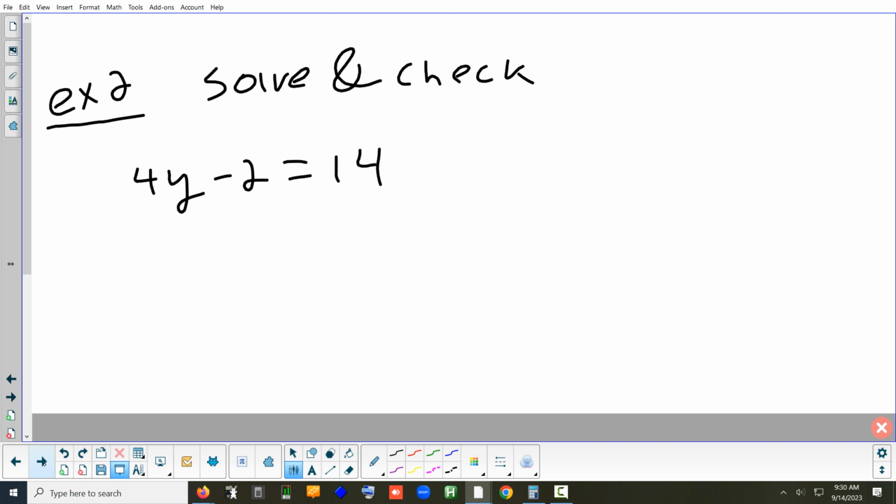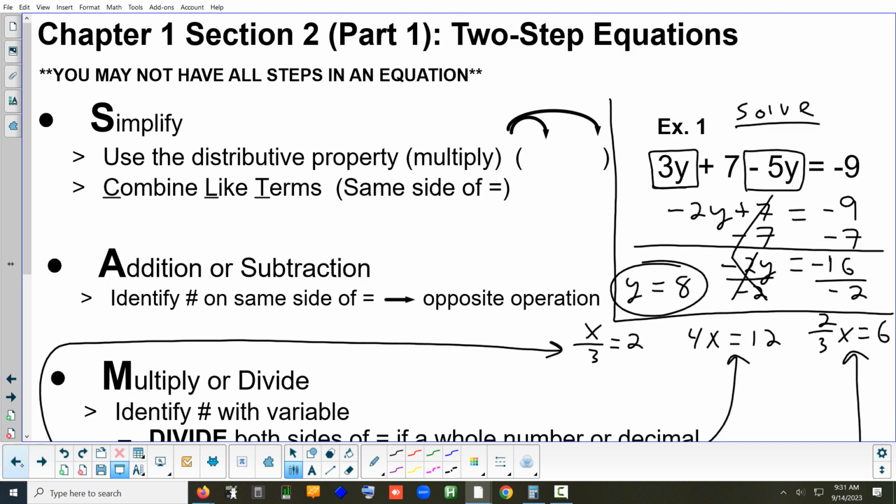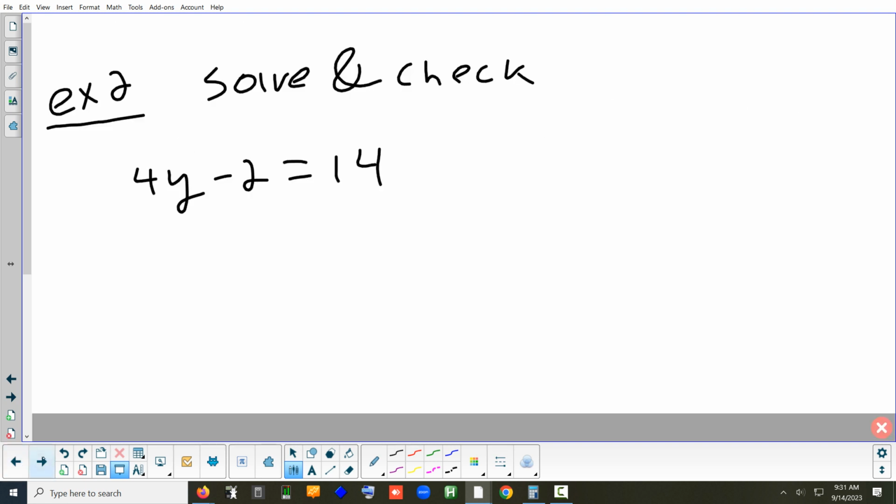We don't have distributive property because we don't have parentheses, so we can skip it. Now the next one is combine like terms. Do I have any like terms on the same side of the equal sign? No. I have 4y, and I have a negative 2. Those are not like terms. So there are no like terms on the same side, like the last one. Okay, so the simplify step, there's nothing to do.